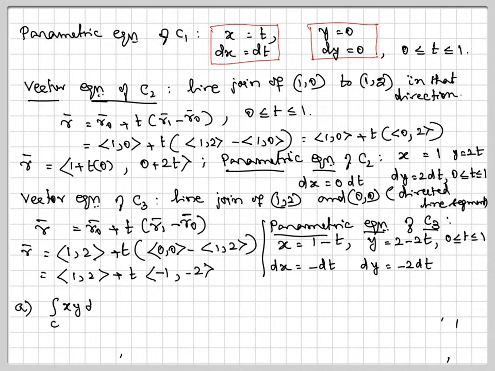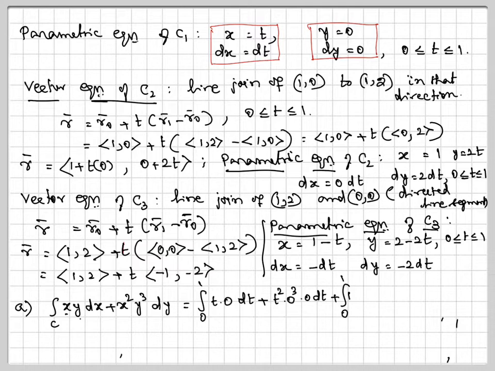Now part A is the integral over C of xy dx plus x squared y cubed dy, converting everything to parameter t, integral 0 to 1, by substituting for x, y, x squared, and y cubed along every path C1, C2, C3 respectively. On C1 we get the first integral, for C2 we get the second integral. When you do C2, keep in mind we have to write x equal to 1 and y equal to 2t.